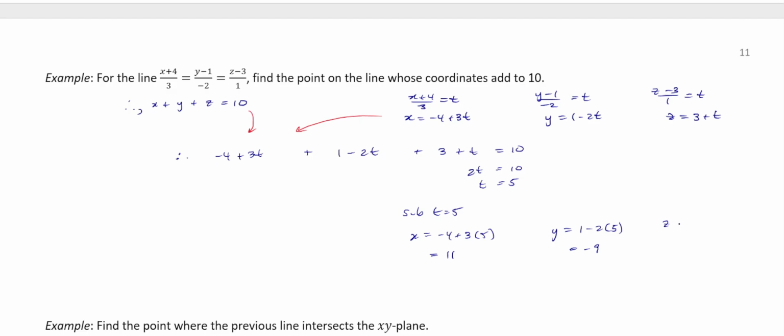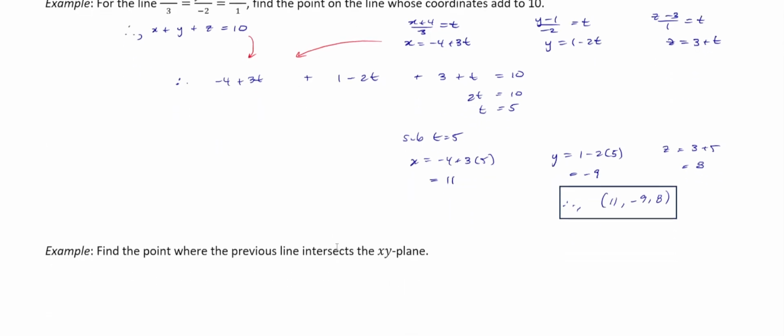And z is equal to 3 plus 5, which is equal to 8. So therefore, my point is going to be (11, -9, 8). We can check that out by adding these three coordinates together and seeing if they do in fact equal 10, and you can see by inspection that they do.